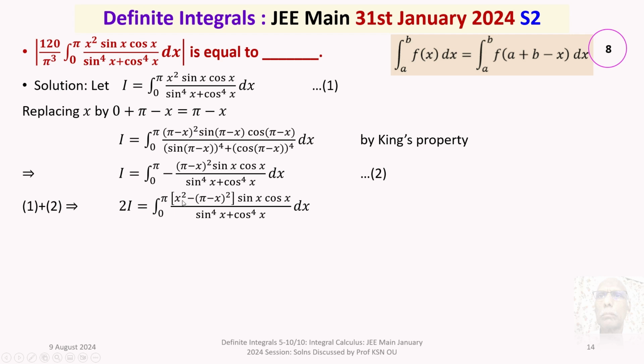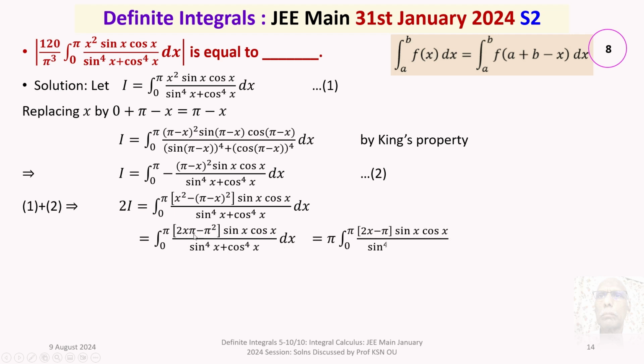Minus x square plus x square cancels. You will get integral 0 to pi of 2x pi minus pi square, and the remaining thing as it is. From this 2x pi minus pi square, we have taken out a pi common. Then you will get 0 to pi of 2x minus pi into the remaining thing as it is.